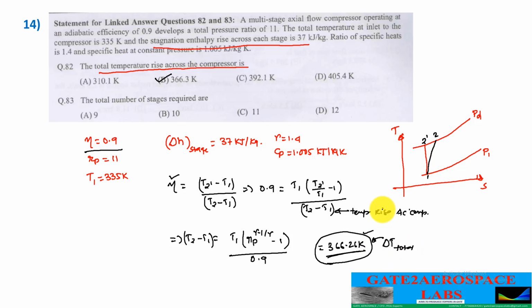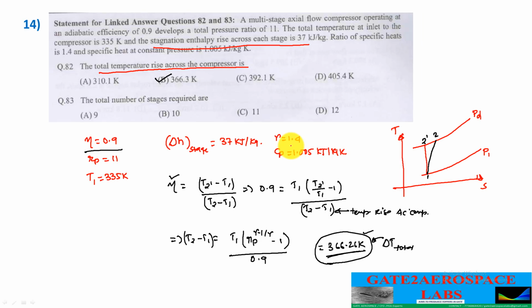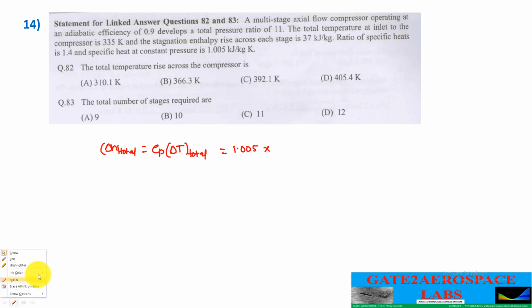So delta H total, the total enthalpy rise, will be equal to Cp into delta T total. Cp is 1005, and we have got delta T total as 366.26.